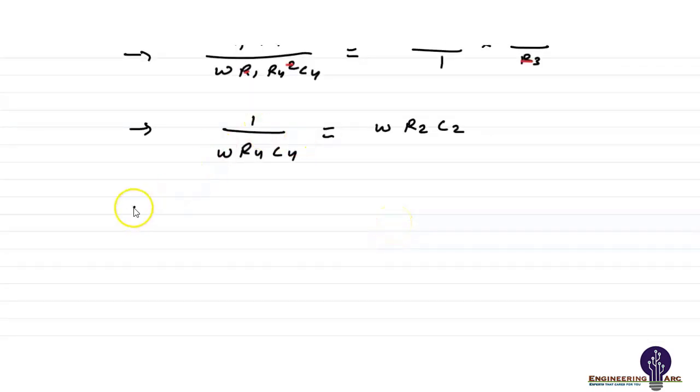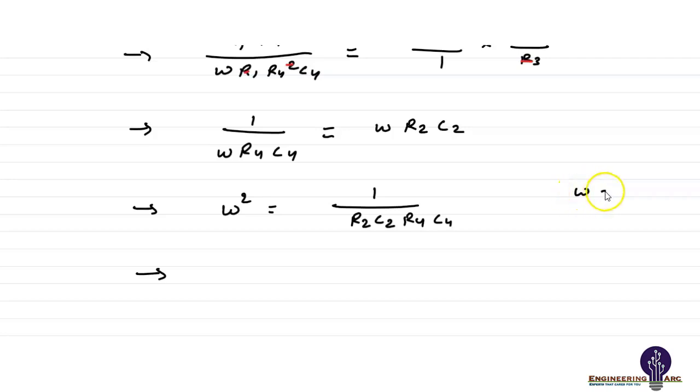Now solve for the value of omega. It is omega square equals 1 upon R2 C2 R4 C4. We know that omega equals 2 pi f.